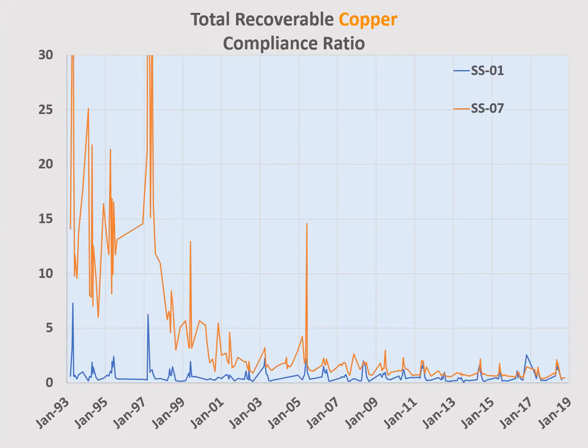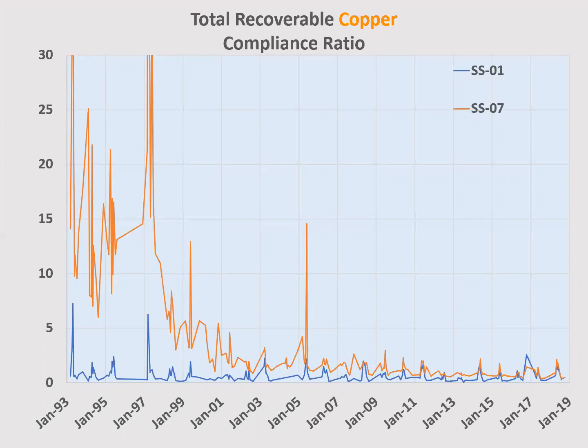If you divide the concentration by that moving standard, you come up with a ratio. If it is above 1, you're exceeding the standard. If it's less than 1, you're meeting the standard.